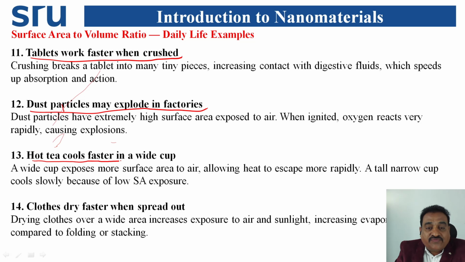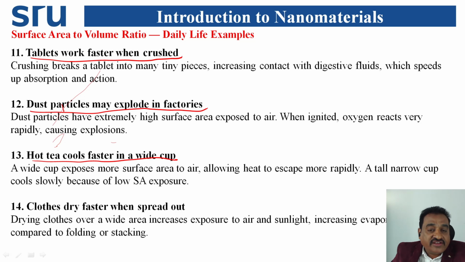Hot tea cools faster in a wide cup. A wide cup exposes more surface area to air, allowing heat to escape more rapidly. A tall, narrow cup cools slowly because of low surface area exposure.